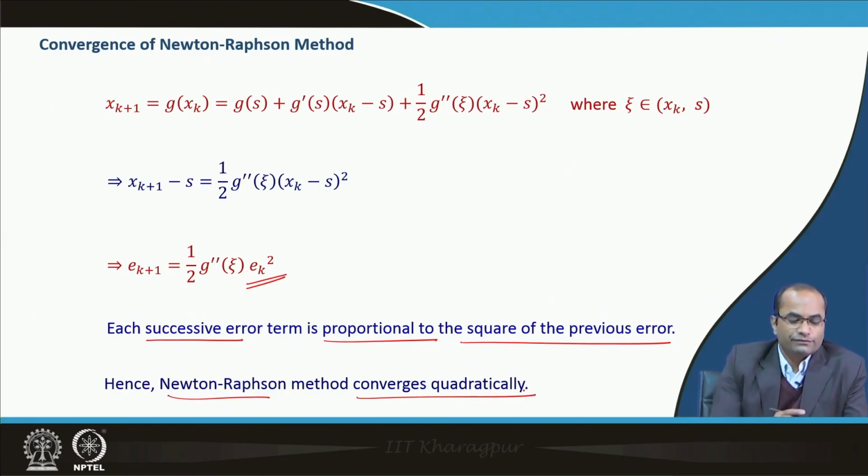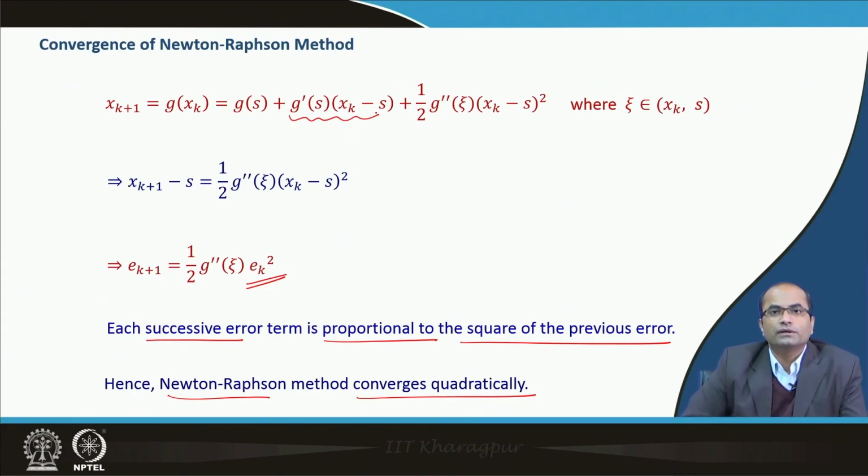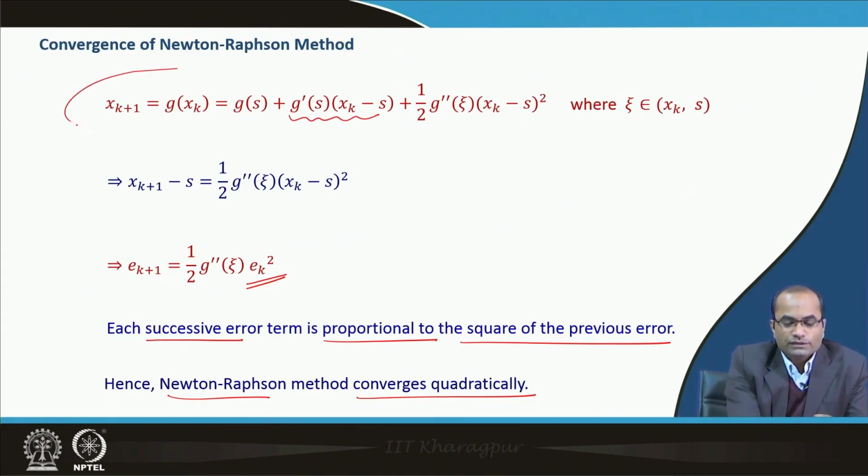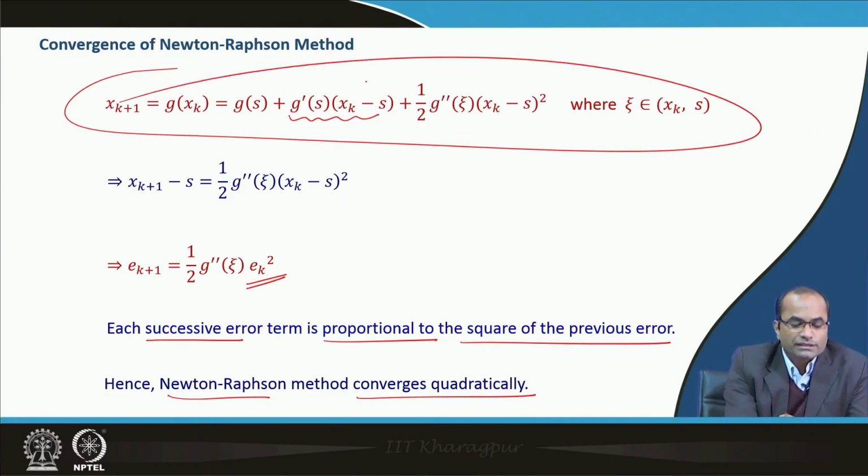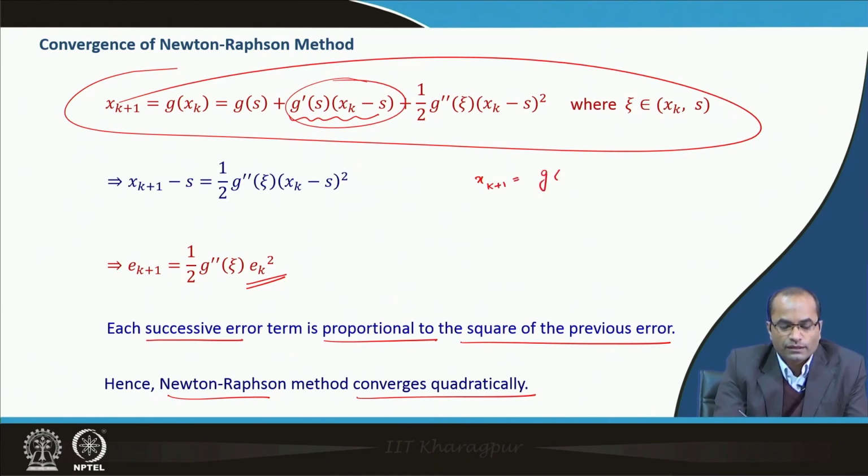On the other hand, if this term is not 0, for example, we take any other fixed point iteration method, this formulation will remain as it is, but this g prime will not be 0, and our formulation will be like x k plus 1 is equal to g s, and then we have g prime at this xi there, we can stop here itself, x k minus s.